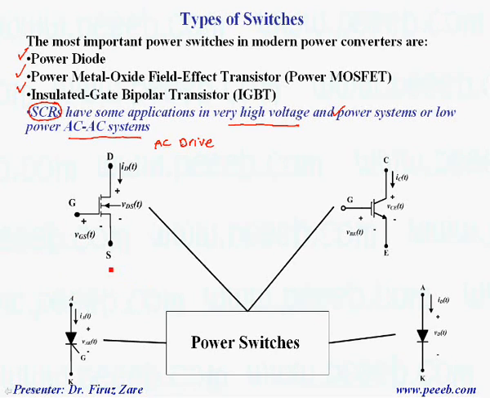So we can concentrate on these four switches: SCR, MOSFET, and IGBT, which is a very good switch for high voltage applications, and diodes for different applications, for example line rectifiers or converters.